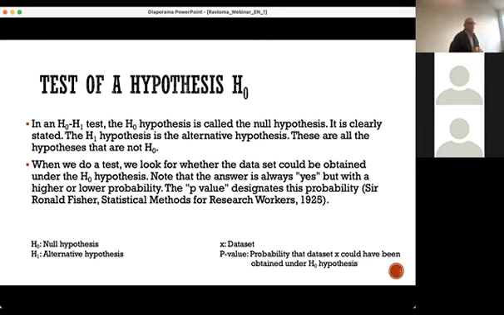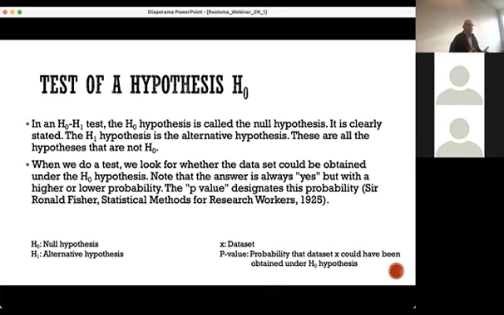So H0 is clearly defined. H1 is not clearly defined. H1 is all that is not H0. The name is alternative hypothesis. These are all the hypotheses that are not H0.